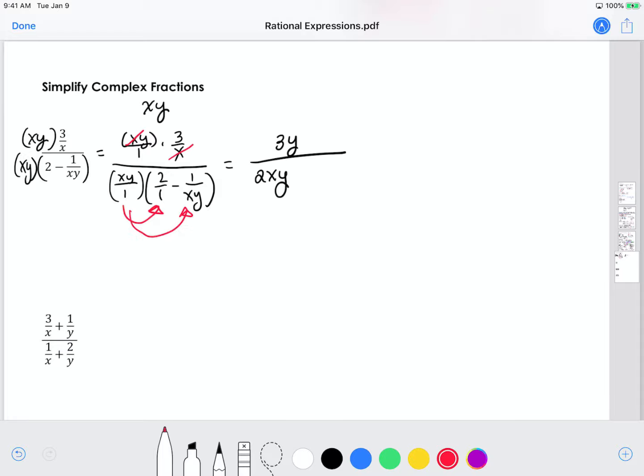Then xy over 1 times negative 1 over xy, I can cross off the xy's, and I'm left with just minus 1. So this big mess we started with, 3 over x all over 2 minus 1 over xy, is simplified to this one fraction. Rather than having multiple fractions within fractions, we can write it as one fraction.